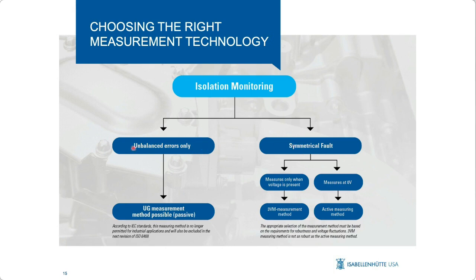Unbalanced errors are more frequent and typically occur due to a component failure or a short in the system. The UG measurement method is able to detect unbalanced errors only, while the 3VM measurement method as well as the active measurement method can detect both symmetrical faults and unbalanced errors.